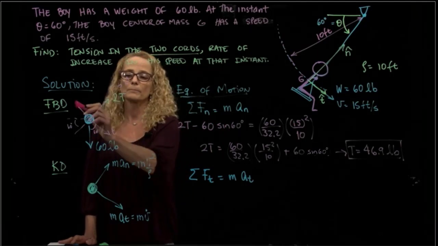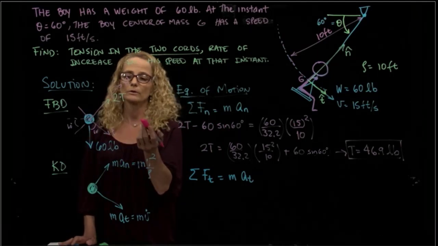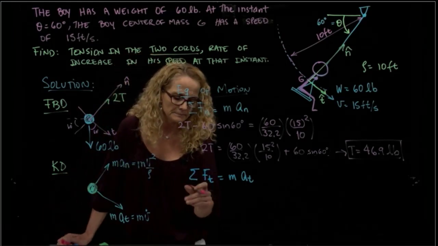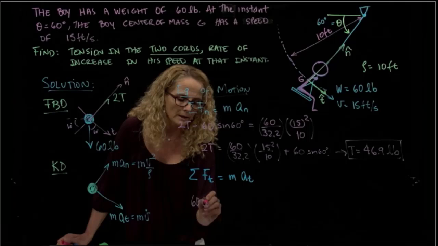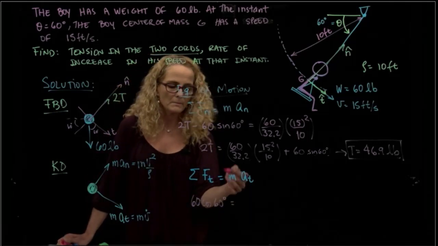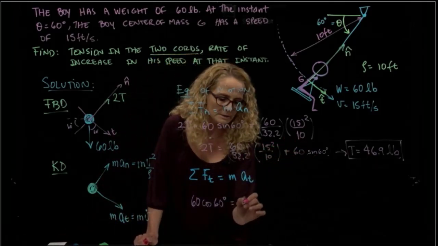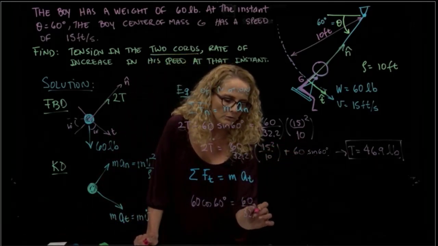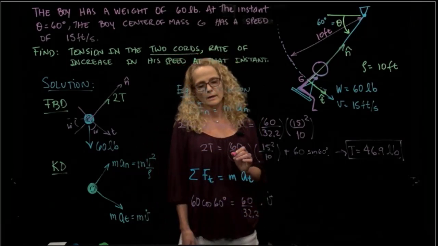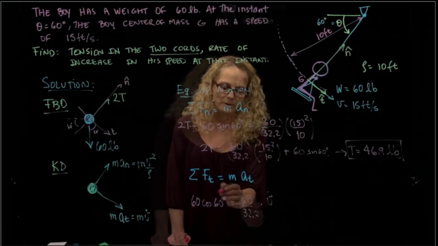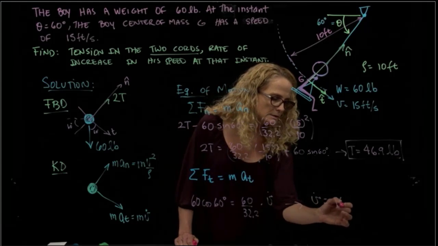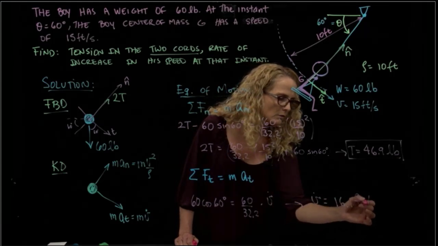The two cords are perpendicular to the tangential direction, so they don't contribute. We only have 60 cosine of 60 degrees, and that equals the mass, which we already know is 60 divided by 32.2, times the rate of change of the velocity. From here, the change of velocity is equal to 6.1 feet per second squared.